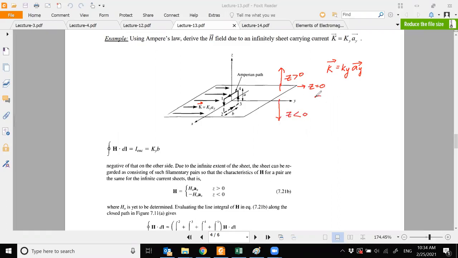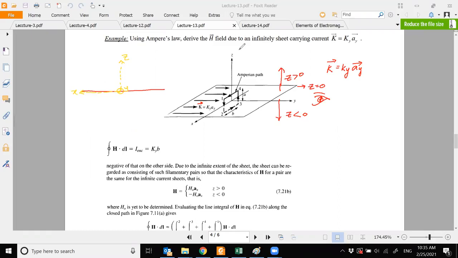If you want to see a side view, then it looks like a straight line. Then you will have your Z axis, this will be your X axis, and coming out of the screen will be your Y axis.